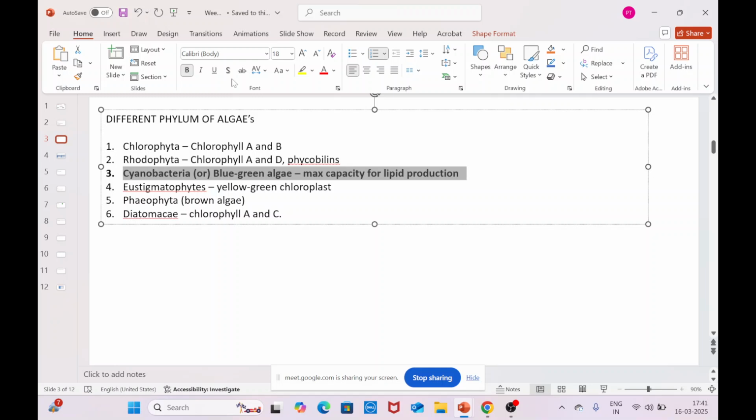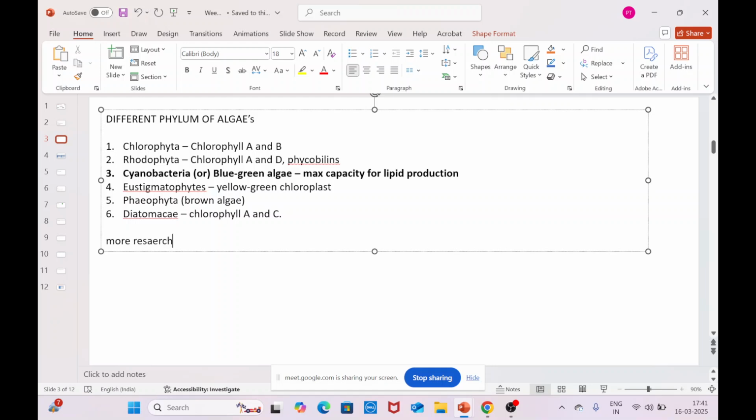Since, as I keep saying, our motive is to enhance lipid production, people are working on this. This is also given in the slide. More research is required in this area so that we can extract more lipid content from them.